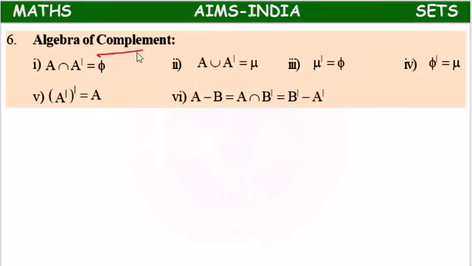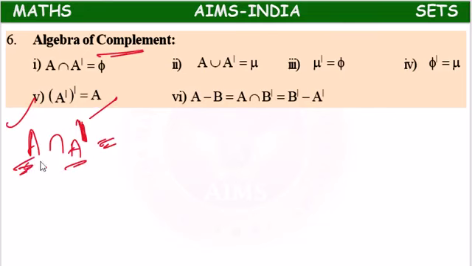So here, algebra of complement. Regarding this complement, we have some algebraic operations. First, A intersection A dash. The complement of A is sometimes denoted as A dash. A and A dash are entirely different.